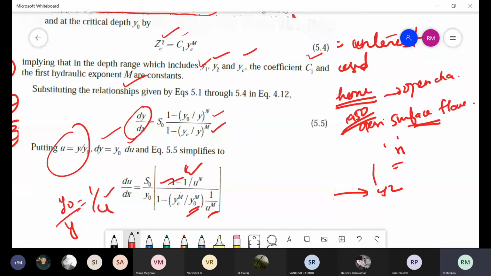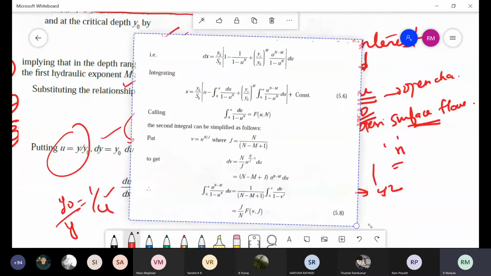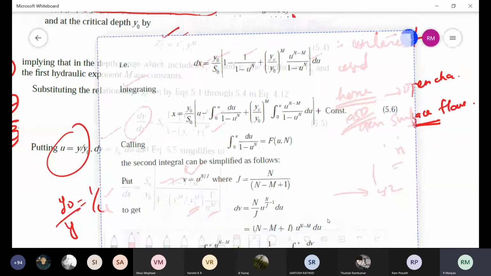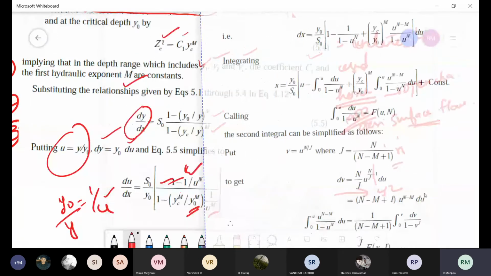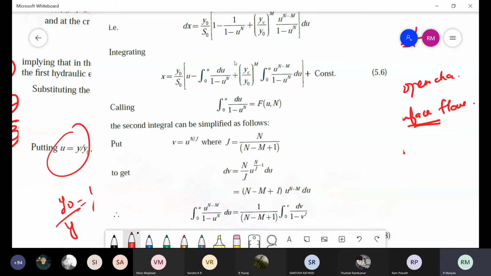And then upon simplification of this, dx equal to y naught by s naught into (1 minus 1 by 1 minus u power n plus yc power m terms). You need not remember all these derivations.